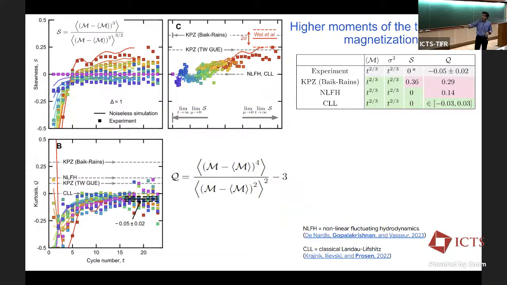It's hard to argue that if you wait enough, it would jump into any of these predictions. So within our data, within this time frame that we work, we see that we disagree with the prediction of this nonlinear model. But still, we are consistent with the classical Landau-Lifshitz.